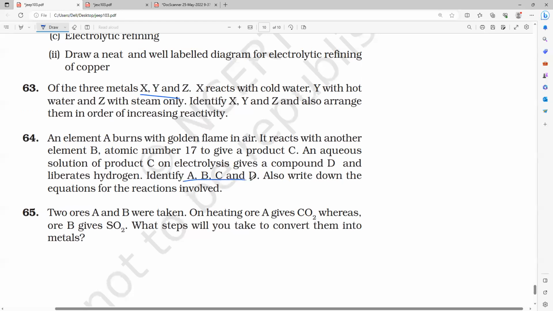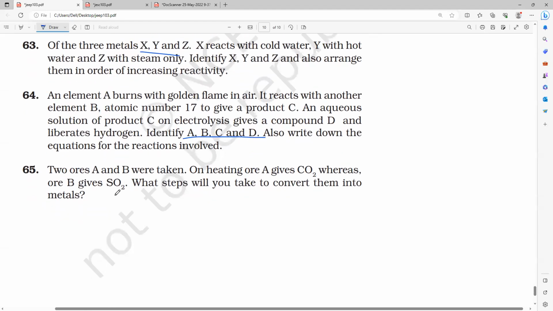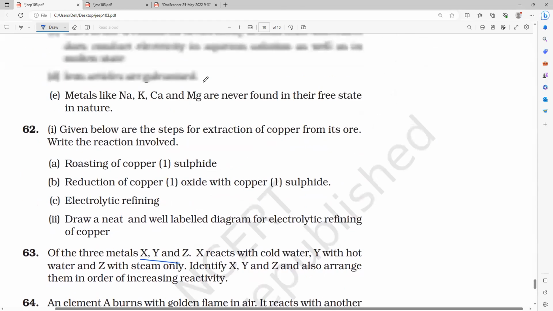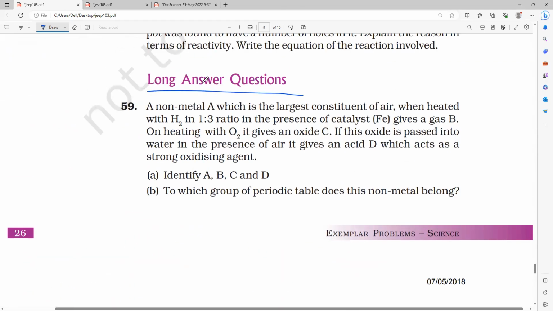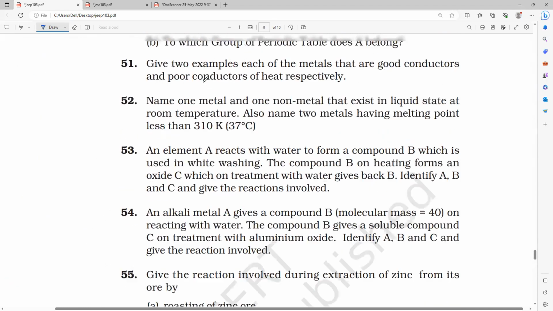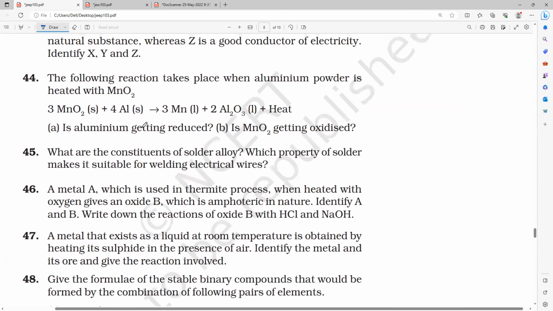You might even get them directly in the board exam, because last year also, I told you, many questions including physics and biology were asked from this. So you have to be very careful and answer everything. Of course, we are not going to leave any question.